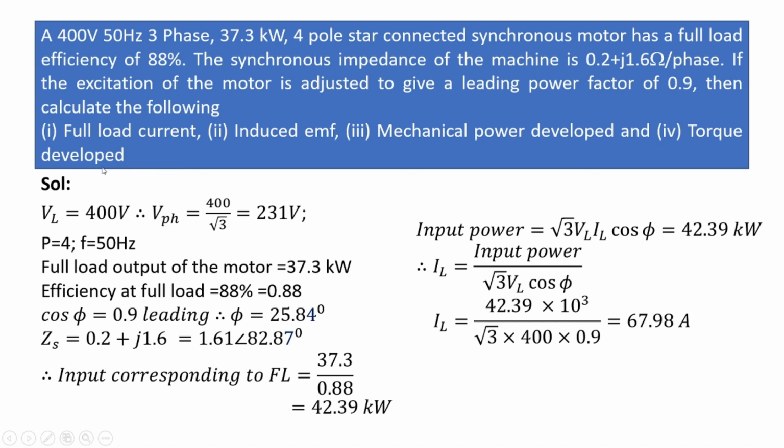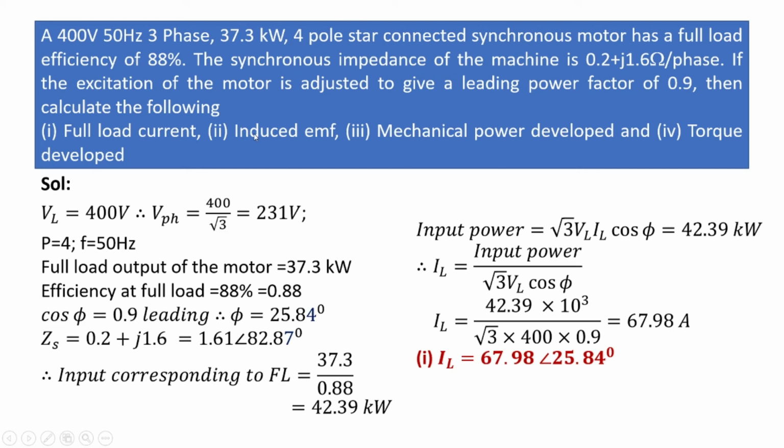The first part of this problem is to find the full load current. Since I am expressing all the parameters in polar form, current is to be expressed in magnitude and angle. So here the magnitude is 67.98 and the power factor is leading, so the angle is positive, 25.84. So the answer to the first part is IL equal to 67.98 angle 25.84 degree.